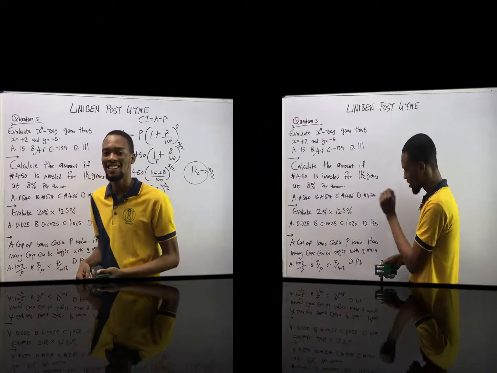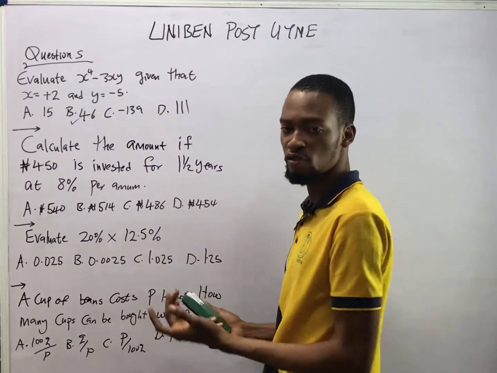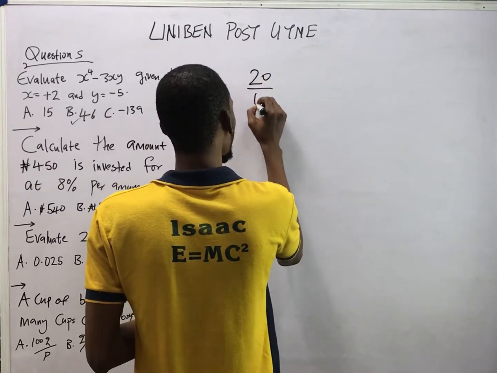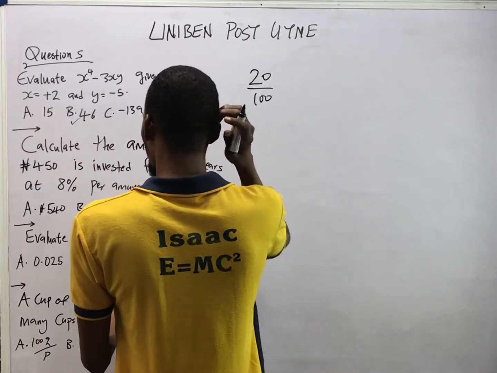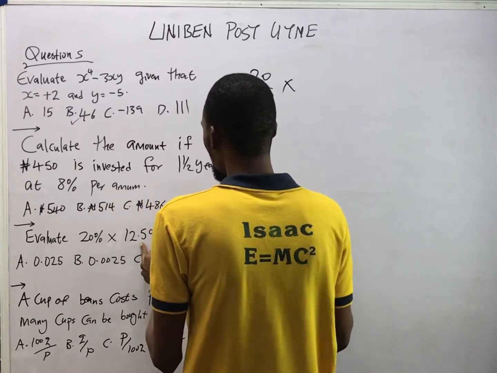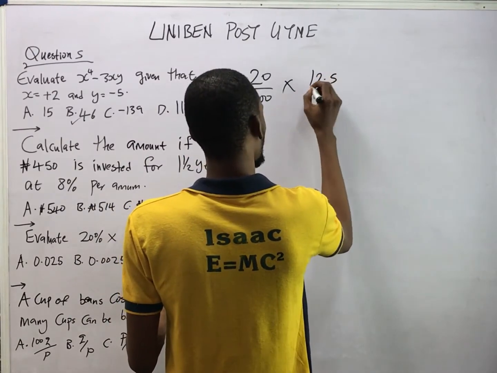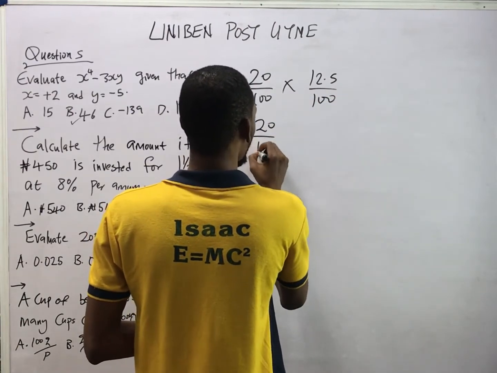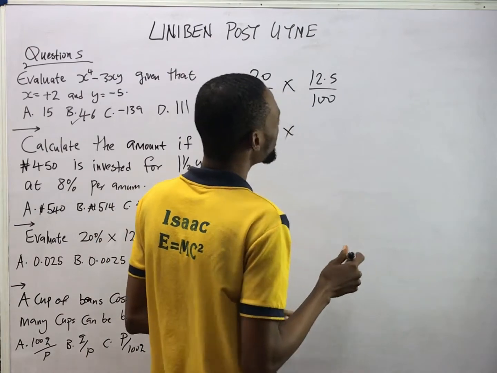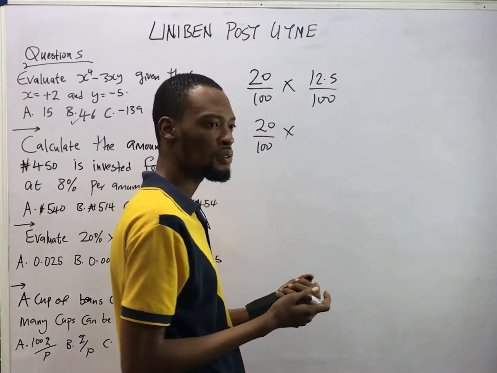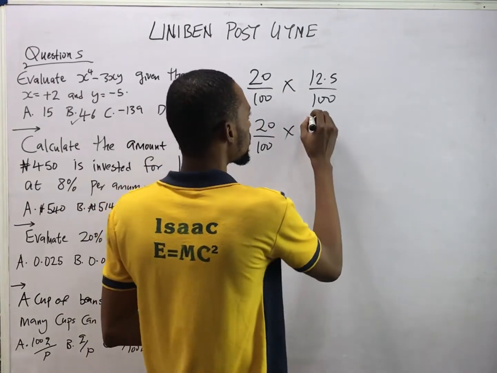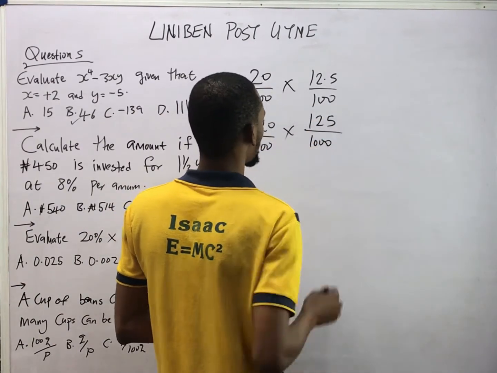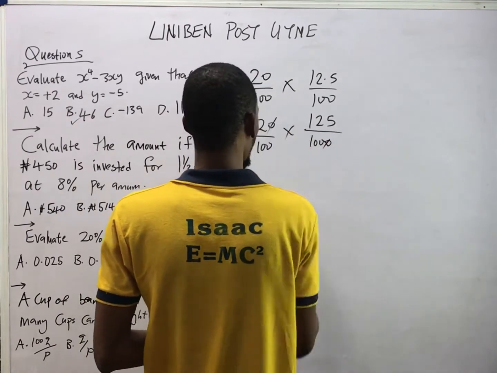Simple as that. Evaluate 20% times 12.5%. So 20% is simply 20 over 100 times 12.5% which is simply 12.5 over 100. And this is the same thing as 20 over 100 times 12.5, which is the same thing as 125 over 10. So this is 125 over 10 times 100, that is 1000.